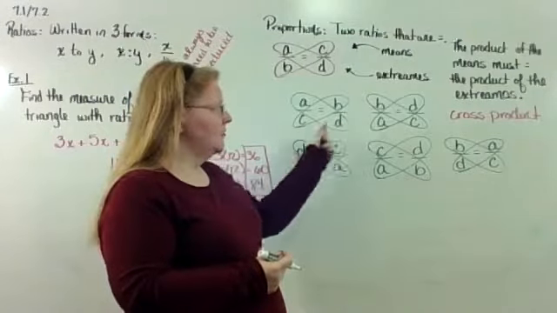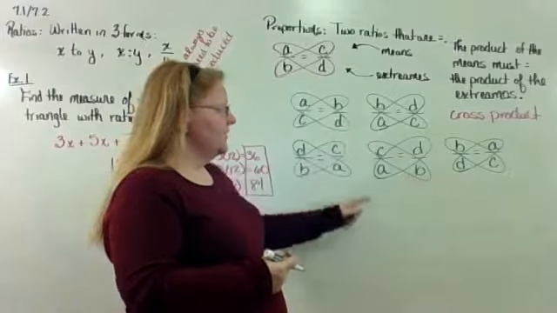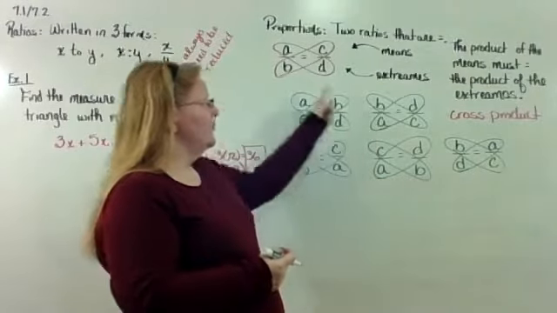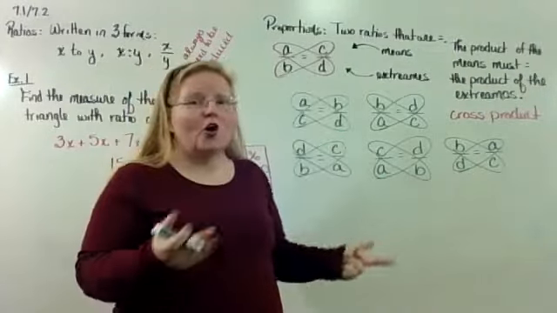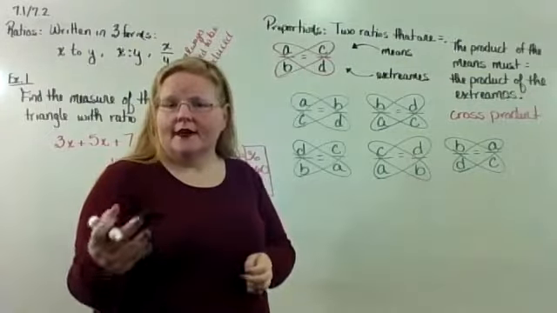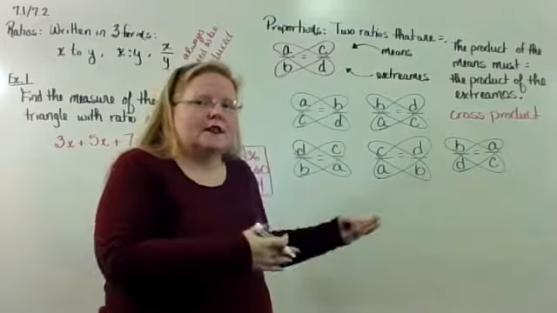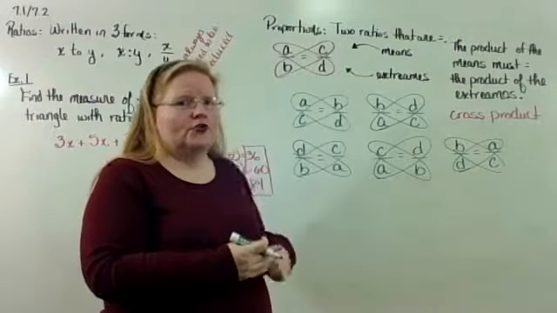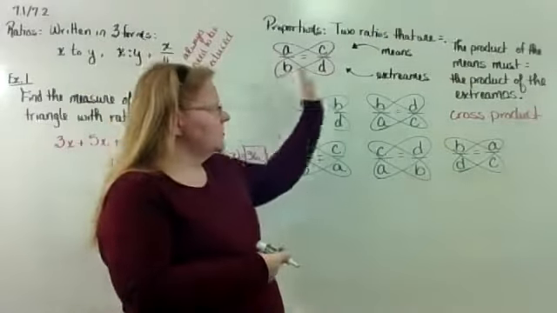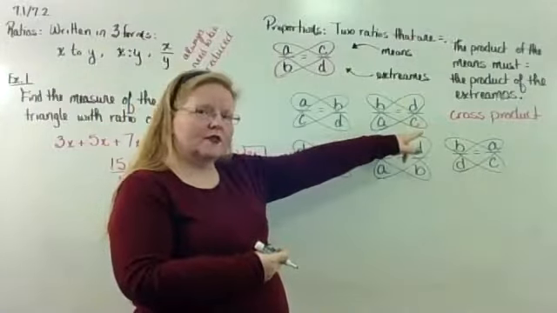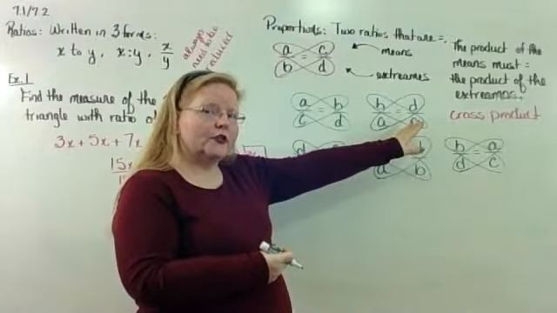Everything's fine if we go this way. Just like everything would be fine if I choose that one and you choose this one, because it's all the same stuff. It doesn't have to be set up the same way. It's okay. You're still going to get the same answer in the end. So you need to kind of understand that as long as your cross product stays the same, we're all good.